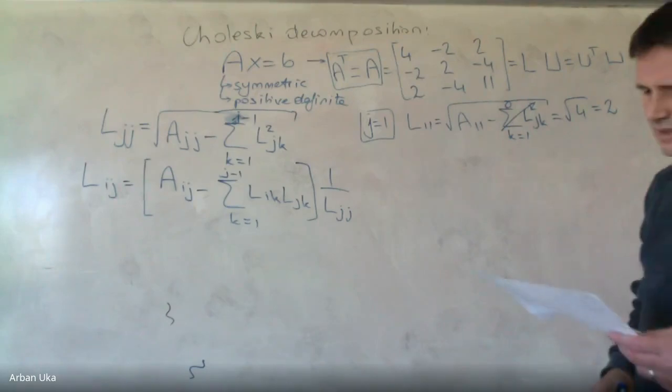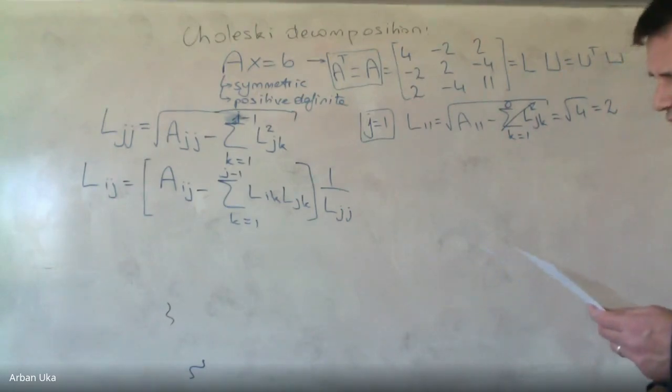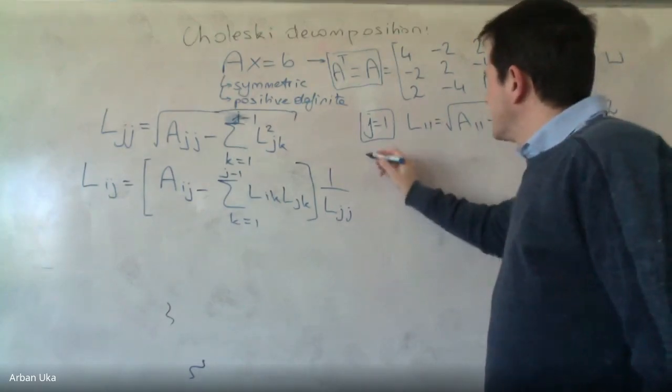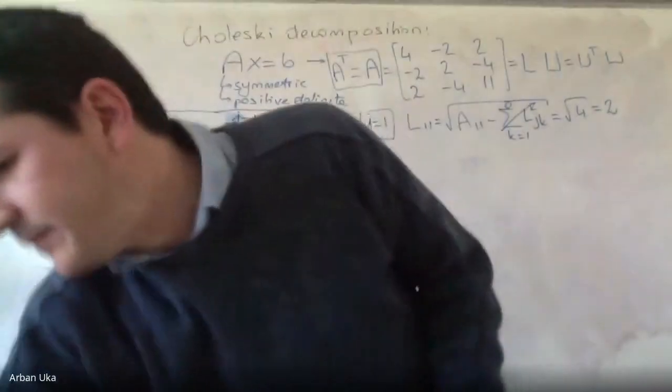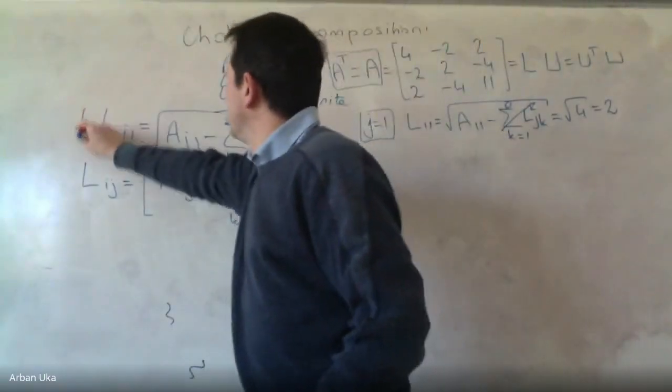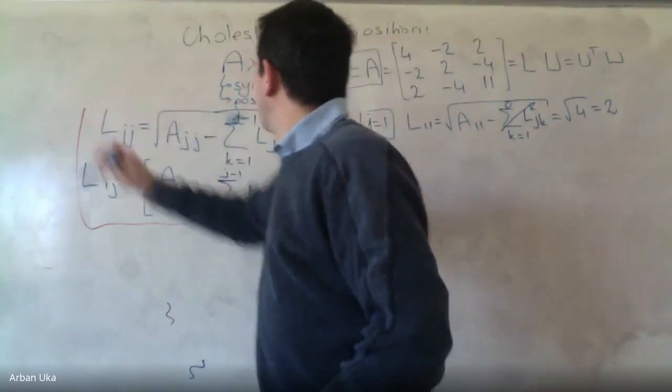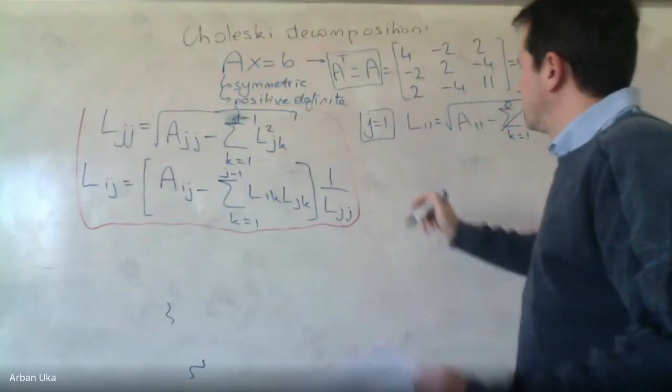Then the next element we can go for is L22. So let's set J equal to 2.